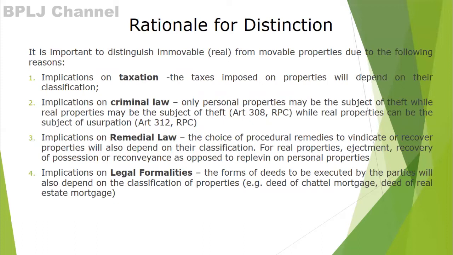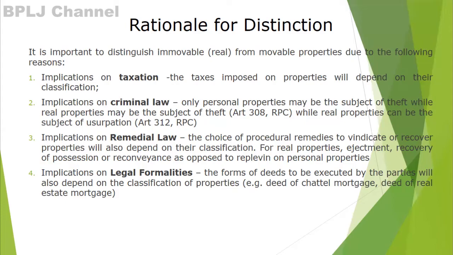You already know that there are real property taxes imposed on immovable properties. So you need to know the distinction for you to be able to know whether a certain kind of property should be assessed of real property taxes.